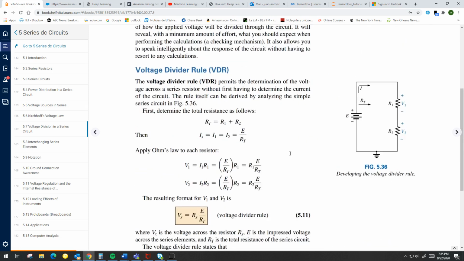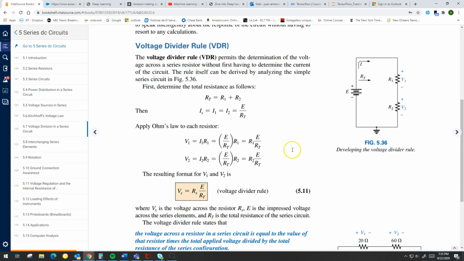So another way that I like to express this method is saying the voltage here is equal to the resistance that is being calculated next to the voltage you want.